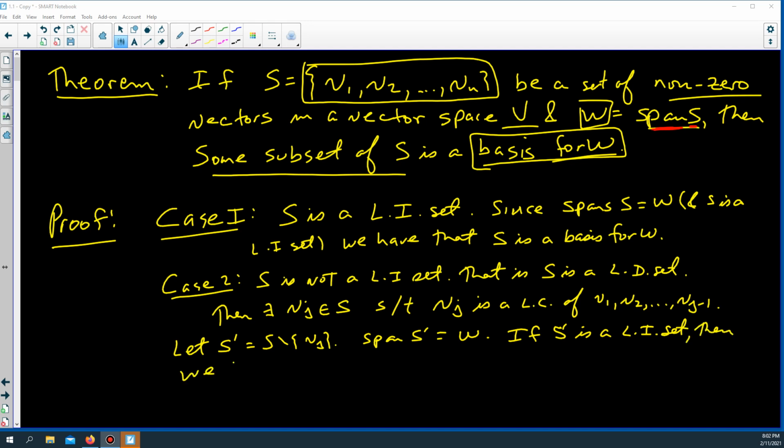Then we have that S prime is a basis for W. Because again, for S prime to be a basis for W, S prime must be linearly independent and it must span W. Okay, and we have that. Okay.